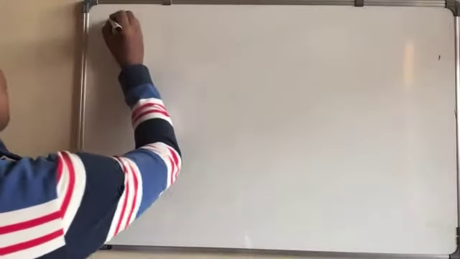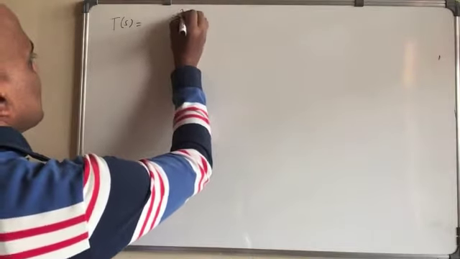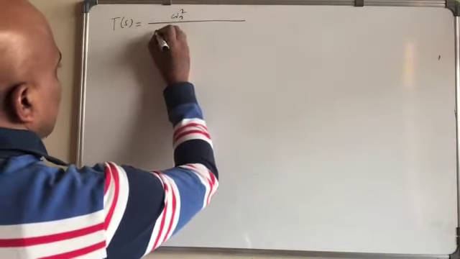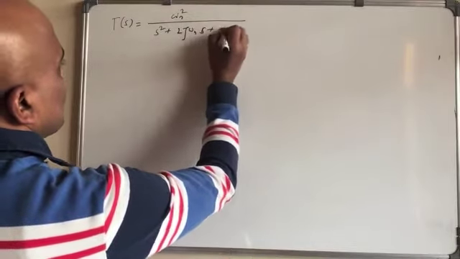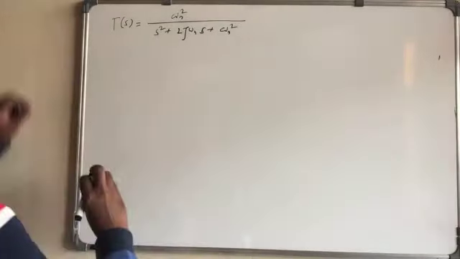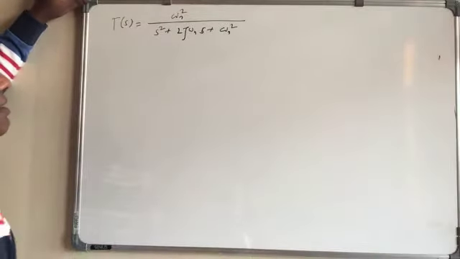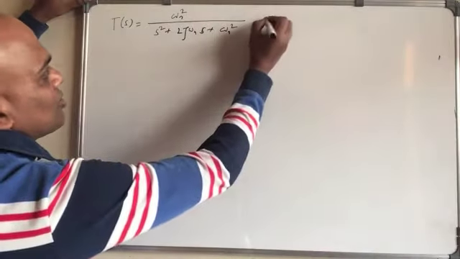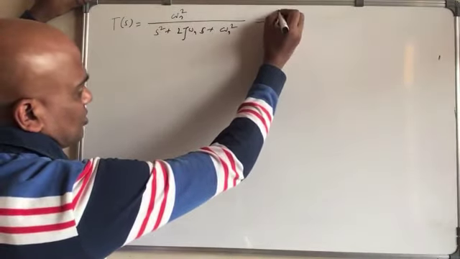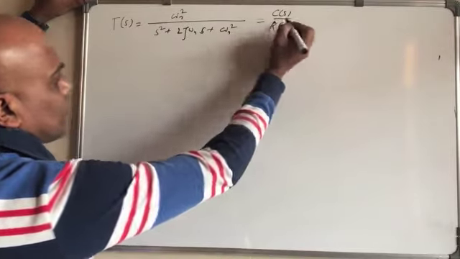So for the second order system, as we learned, the standard format will be something like this: s square plus 2 zeta omega n s plus omega n square. And for the general case, we want to find out the step input response, so this is equal to C(s) over R(s).